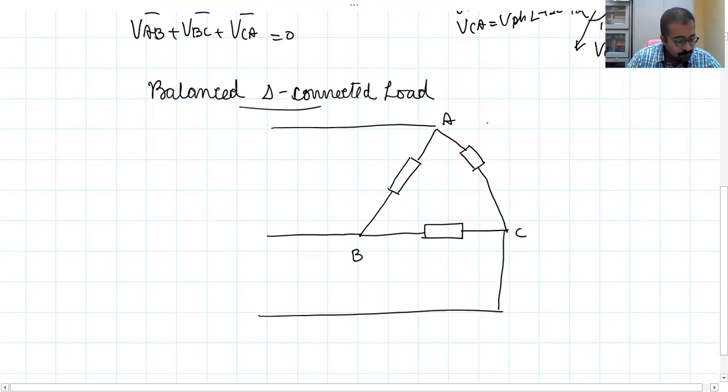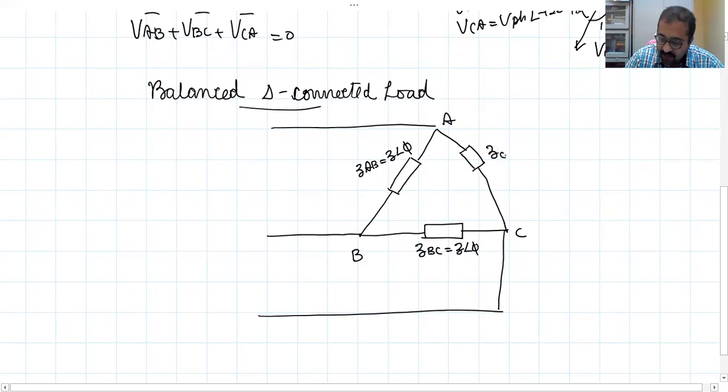Between points A and B, I have the phase impedance ZAB, which is nothing but Z angle phi. I call this ZBC, which is again the same as Z angle phi, because I'm considering a balanced load. Balanced load means loads which are equal in magnitude and equal in phase angle.